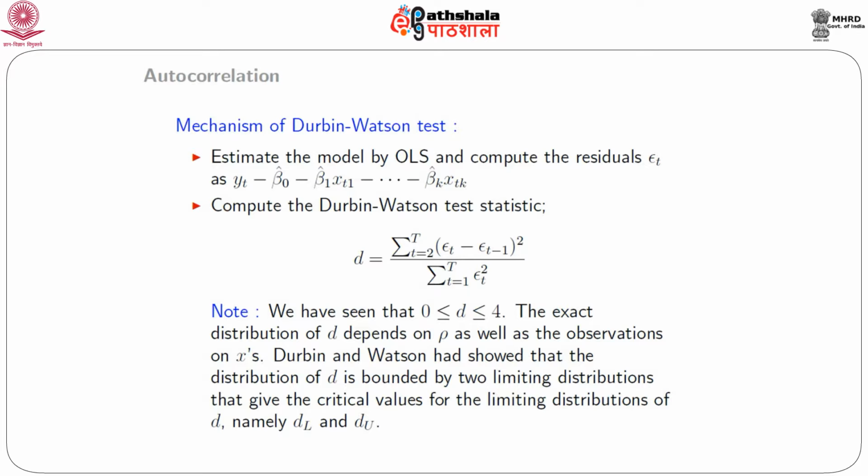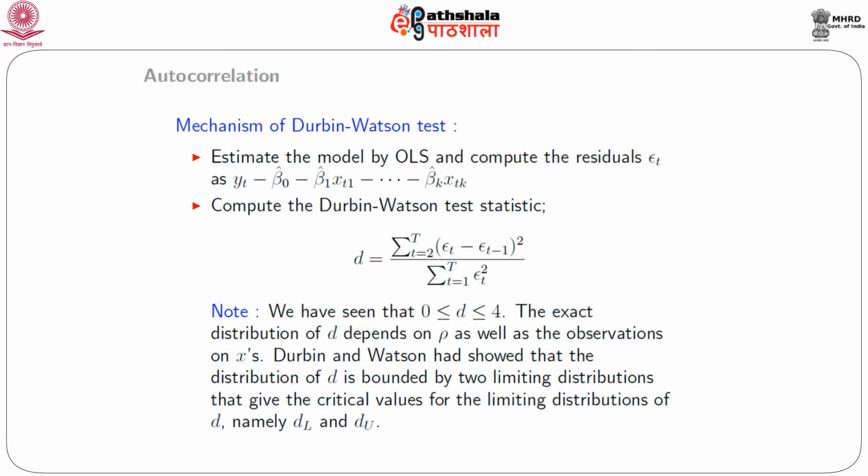We then plug these estimates of the parameters into the regression model and compute the residuals. In other words, we compute the residuals from the fitted model as yt minus beta naught hat minus beta 1 hat xt1 minus ... minus beta k hat times xtk.